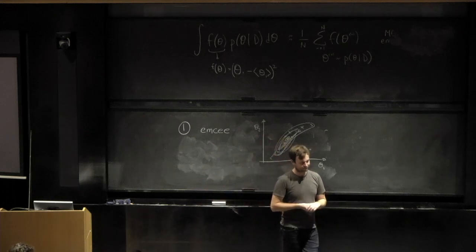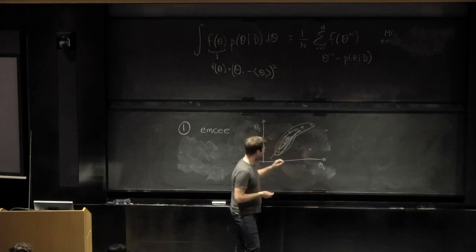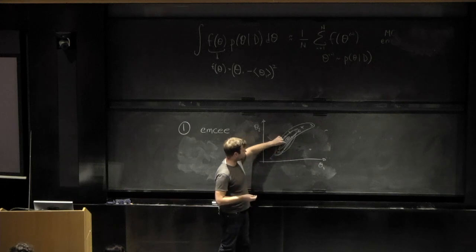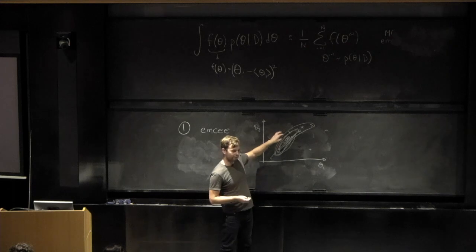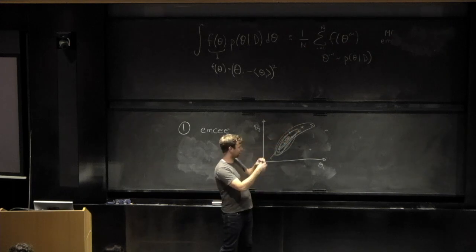What does it mean that you update the position of half of the walkers depending on the other? Like, what is the condition? Oh, yeah. So the way that it worked was, when you update this guy, you randomly choose another walker from the complementary ensemble, which is anything that's not within the same subset.